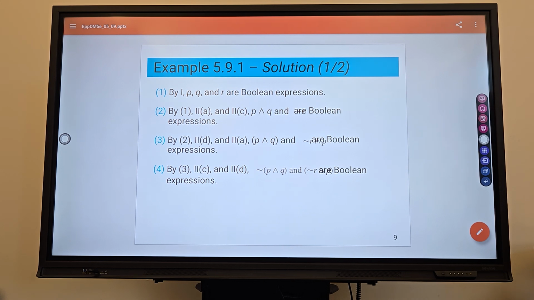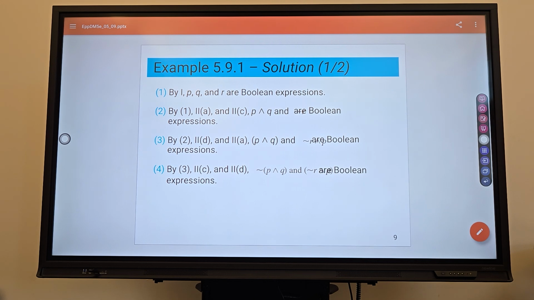By 2, 2D, and 2A, P and Q in parentheses, and not R and P, kind of hard to read that, are Boolean expressions.